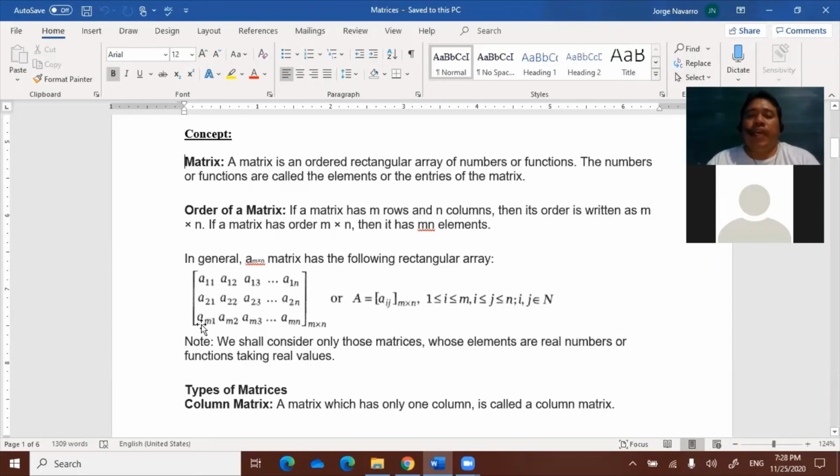Then it has Am1. The m is talking about the number of rows. Am2, Am3, and so on. So the order is m by n.